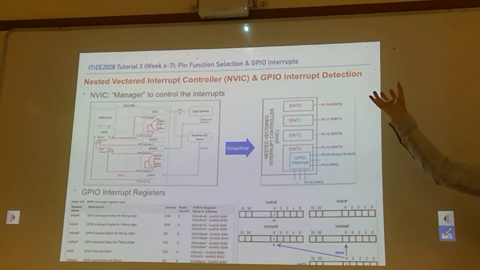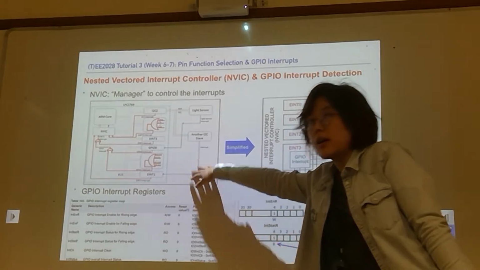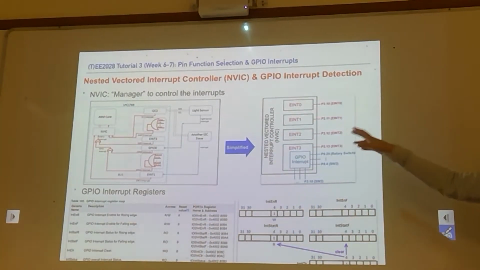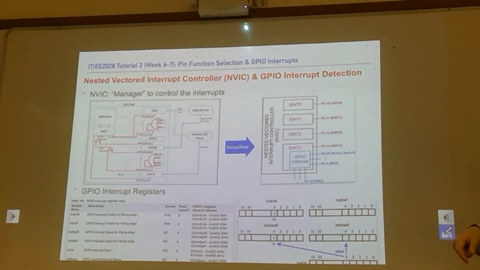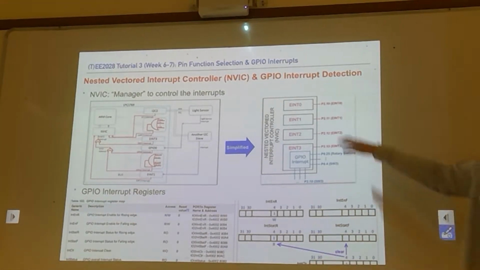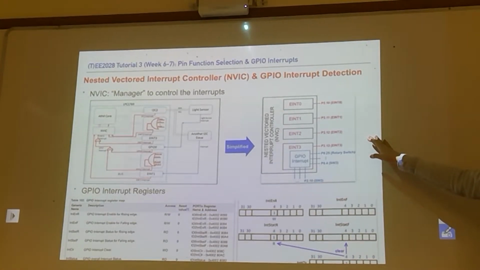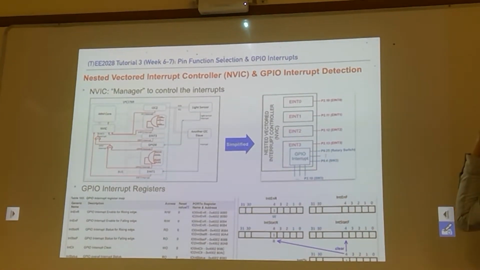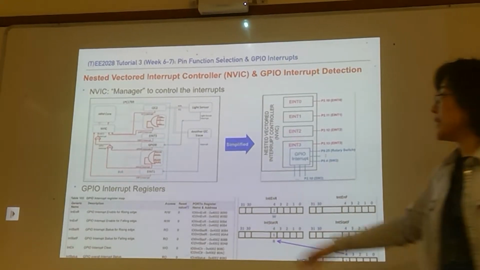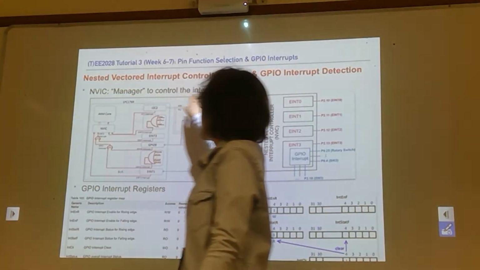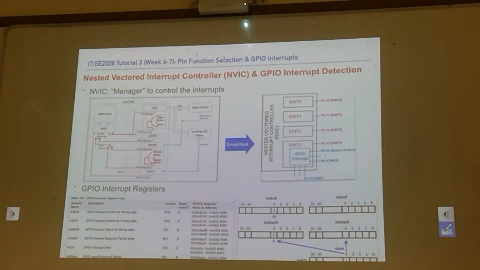This is the system that handles all the interrupt events for our processor. The GPIO interrupt is one type of interrupt. You have other types of interrupt.